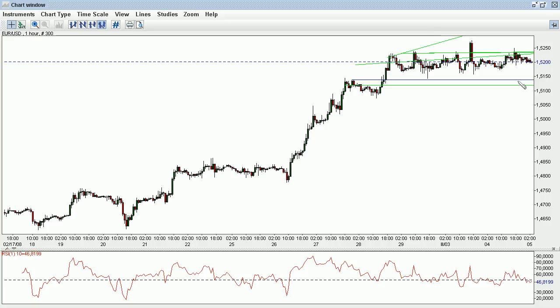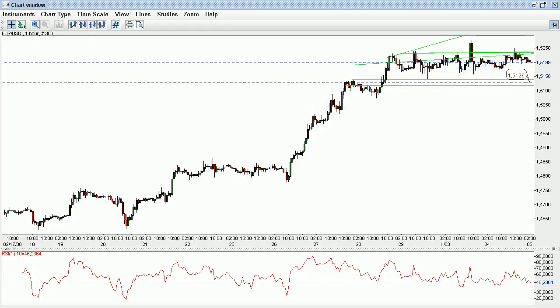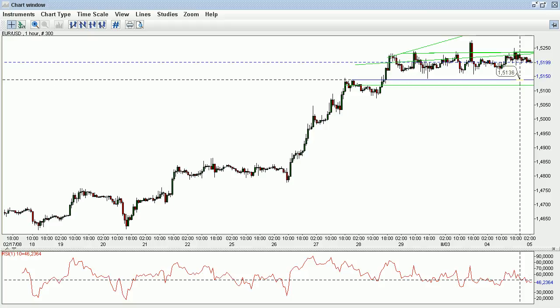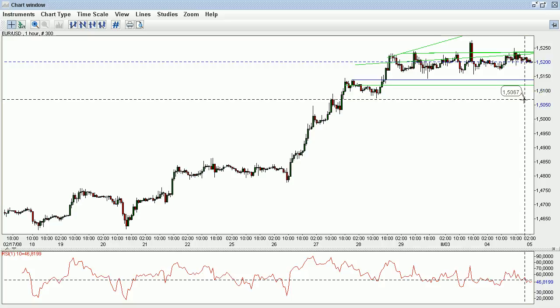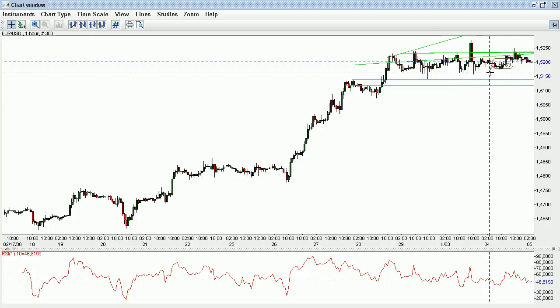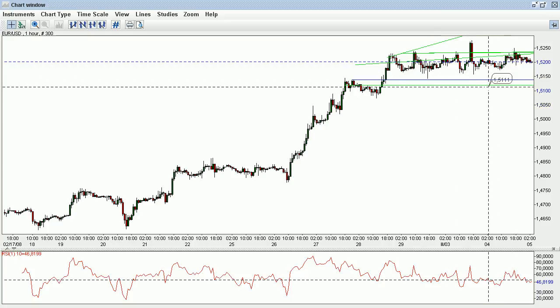So a more certain signal would come if you are willing to wait until you see a break below this level of 1.5135. When you see a close on the hourly chart below this level, then you might start selling this currency pair with a stop loss order of, let's say, 30-35 pips above where you enter the market.